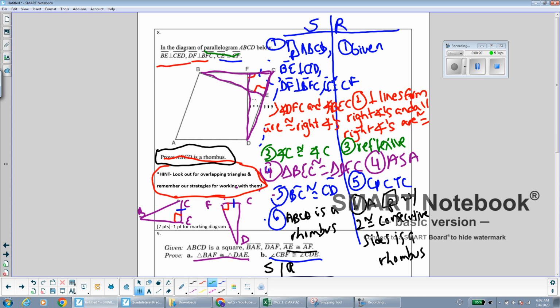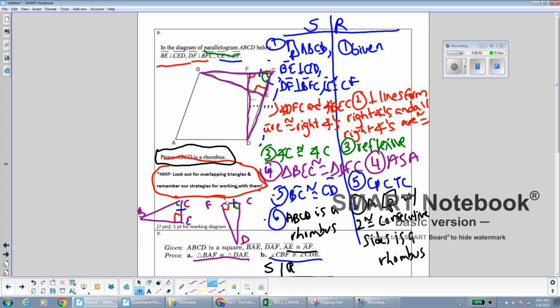We have angle C congruent to angle C. And if I take a look at the original diagram, notice how both of the triangles do overlap at angle C. So we have angle C congruent to itself by the reflexive property. And as you can see now, the two overlapping triangles are congruent by angle side angle, ASA.